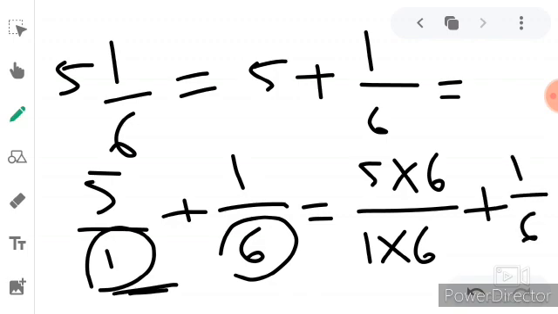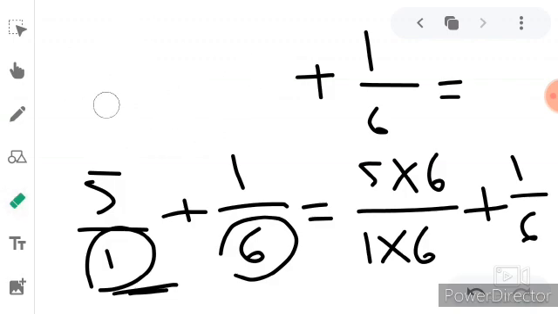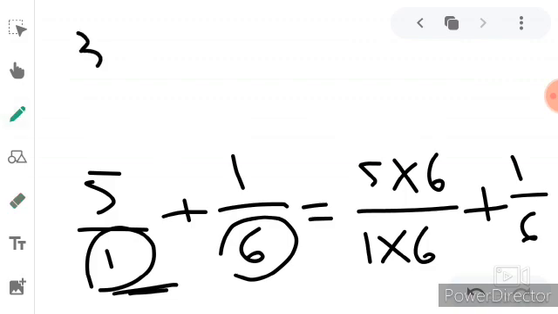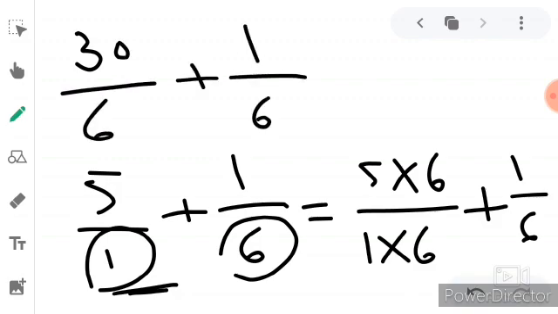So 5 6s are here. Five 6s are 30. 30 divided by 6 plus 1 upon 6 is equal to 30 plus 1 upon 6.